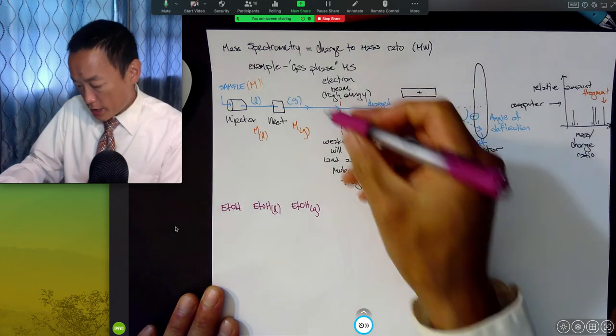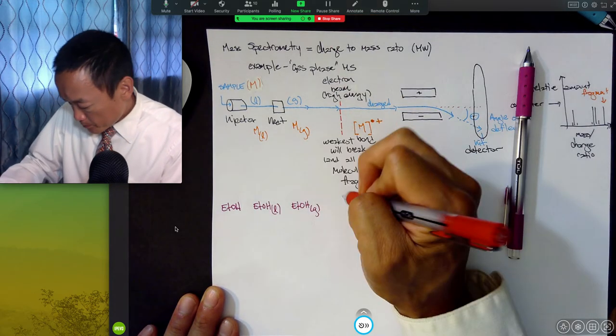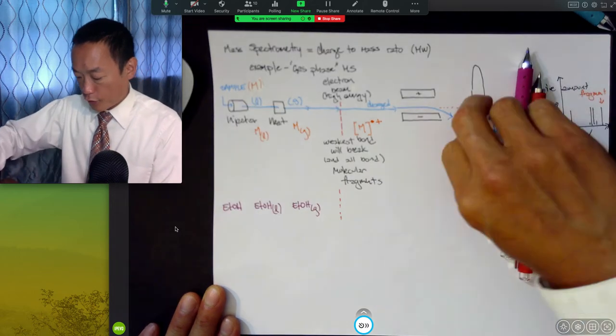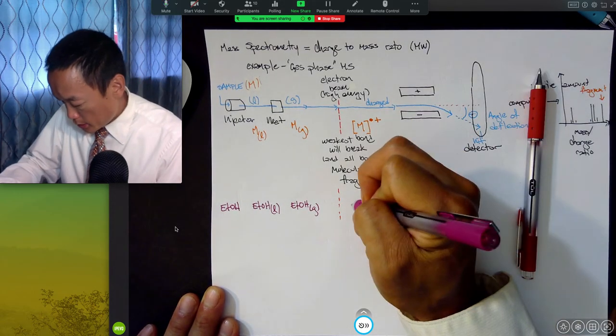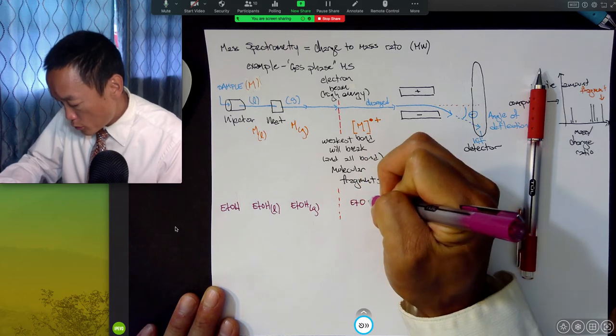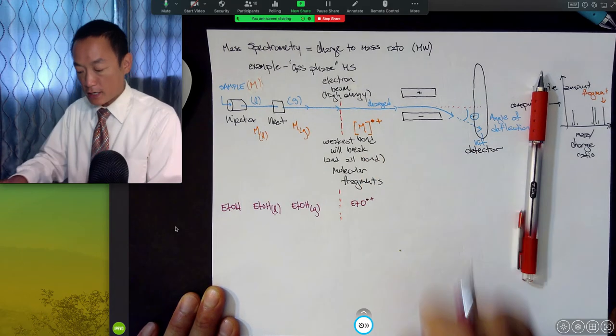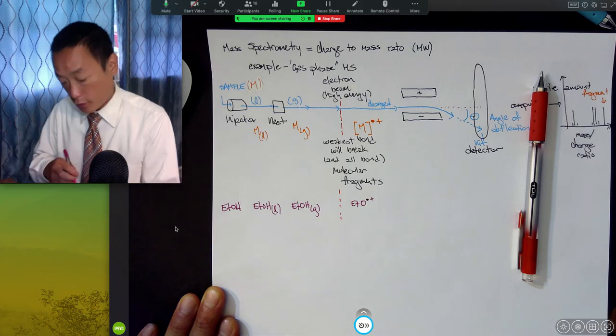Once it hits this electron beam, we start to produce fragments of EtOH dot plus, like that. So we just lost the hydrogen and gained one of those electrons.